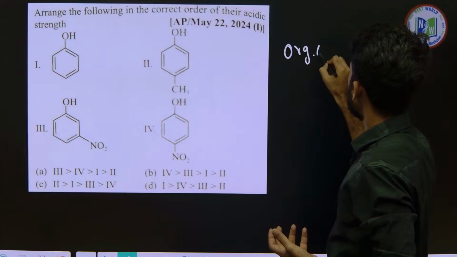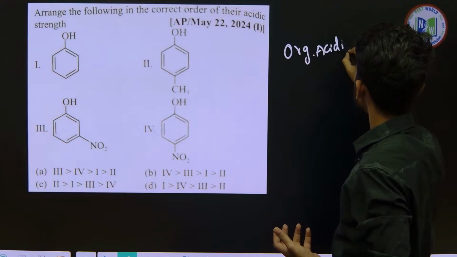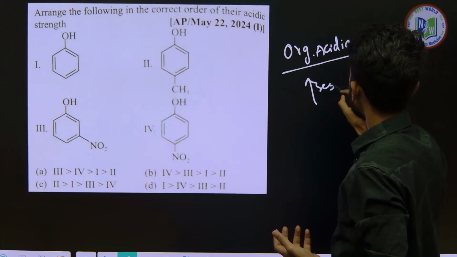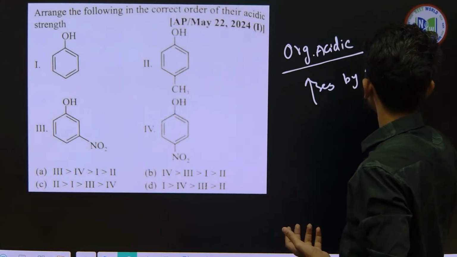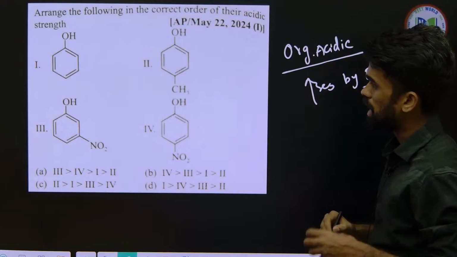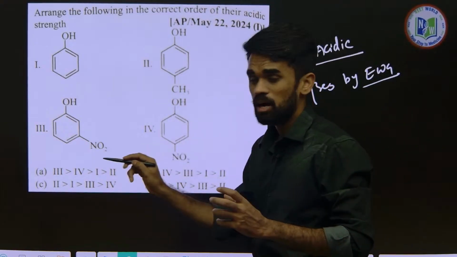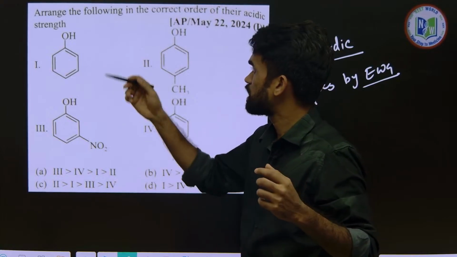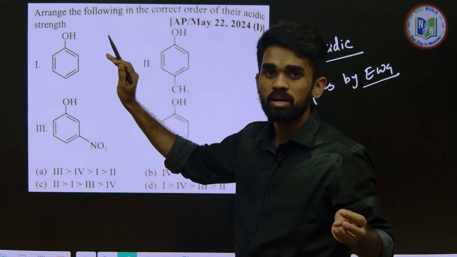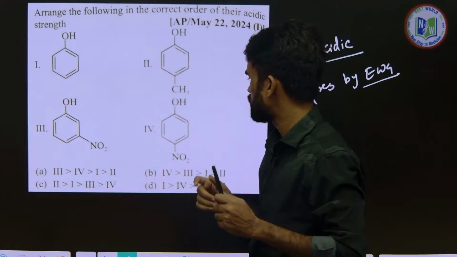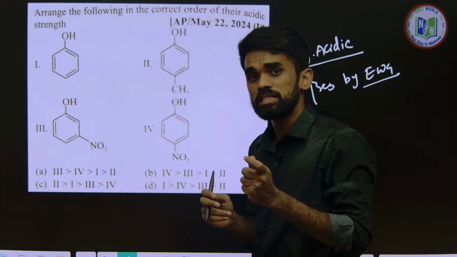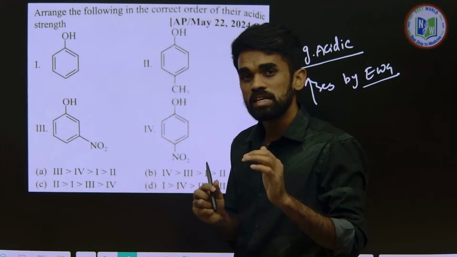Organic compounds' acidic strength increases by electron withdrawing groups. What I am saying is, if an electron withdrawing group is present on these compounds, their acidic nature increases, whether it is phenol, carboxylic acid or any other organic compound. If it contains electron releasing groups, acidic nature decreases.